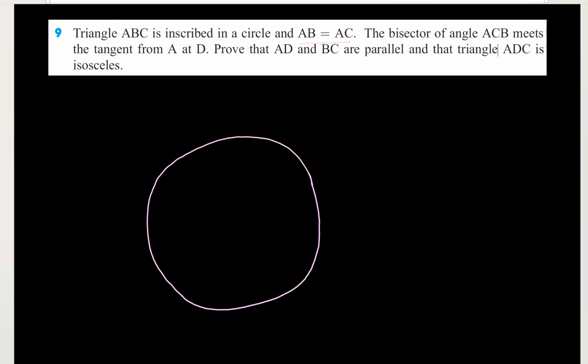It's an isosceles triangle because AB equals AC. So we've got our isosceles triangle ABC, make sure they are equal to each other.